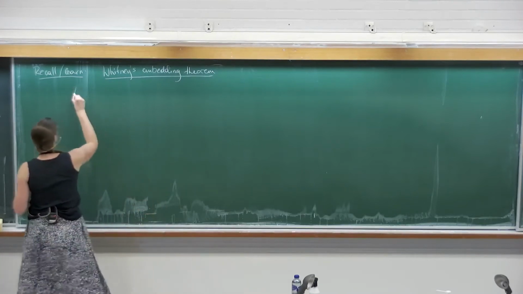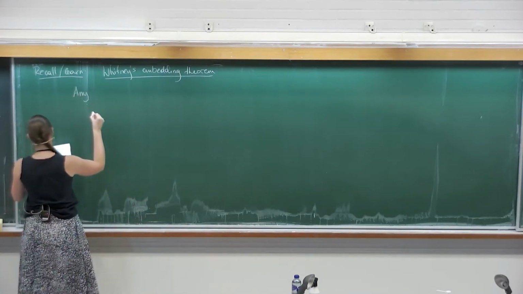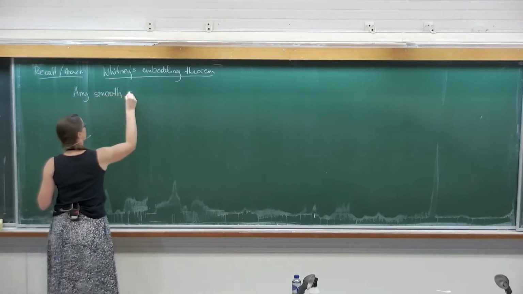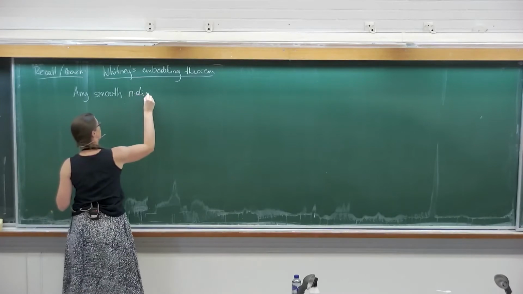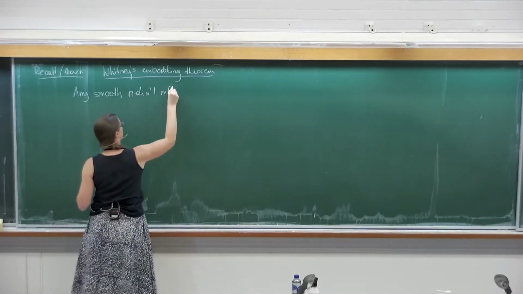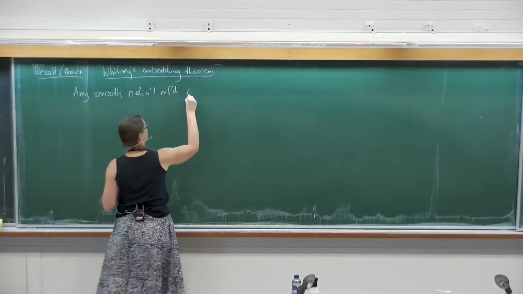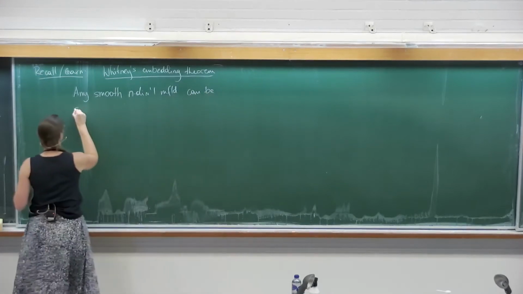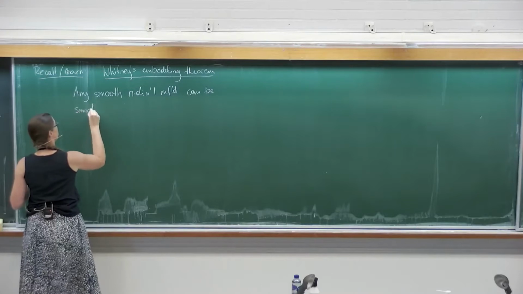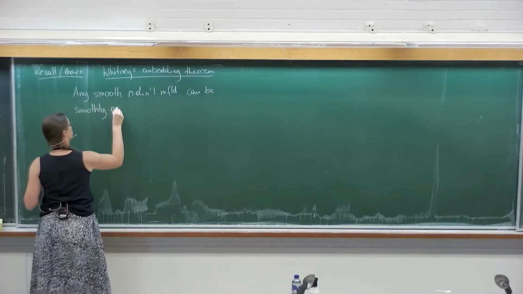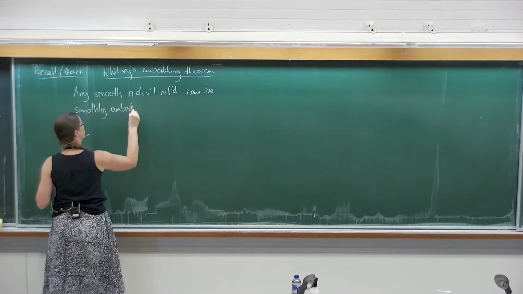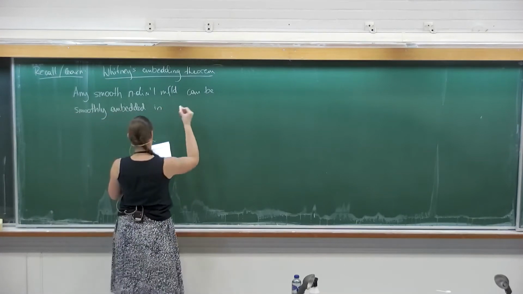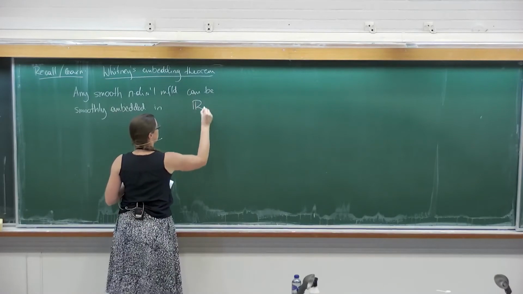So Whitney's embedding theorem tells us that any smooth n-dimensional manifold can be smoothly embedded in some big R^k.